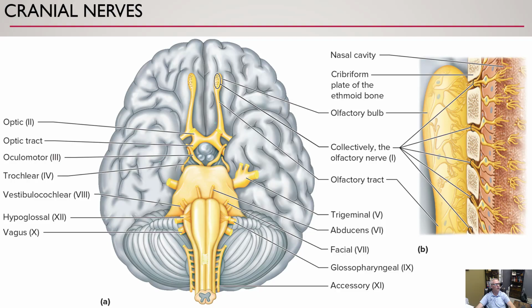So here are pictures of the cranial nerves. For classroom purposes, you're not going to have to know where they are attached. Cranial nerve number 1, your olfactory nerve. Cranial nerve number 2, 3, 4, 5, 6, 7, 8, 9, 10, 11, 12.